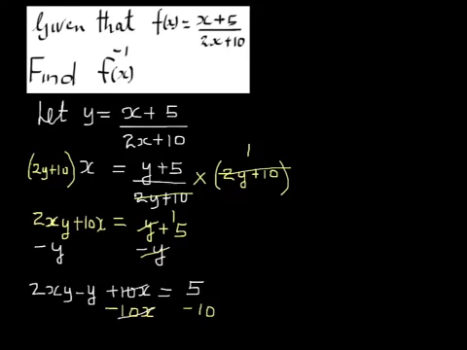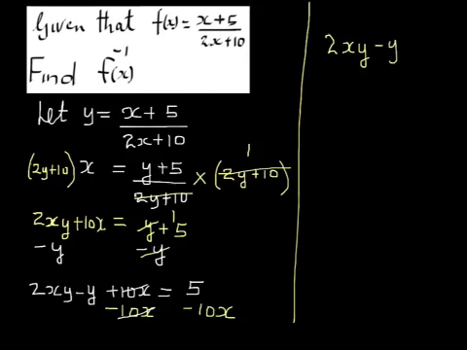So what I have left on the left hand side is 2xy, and on the right hand side I have 5 minus 10x. So let's write this up here. What we have is 2xy minus y equals 5 minus 10x.